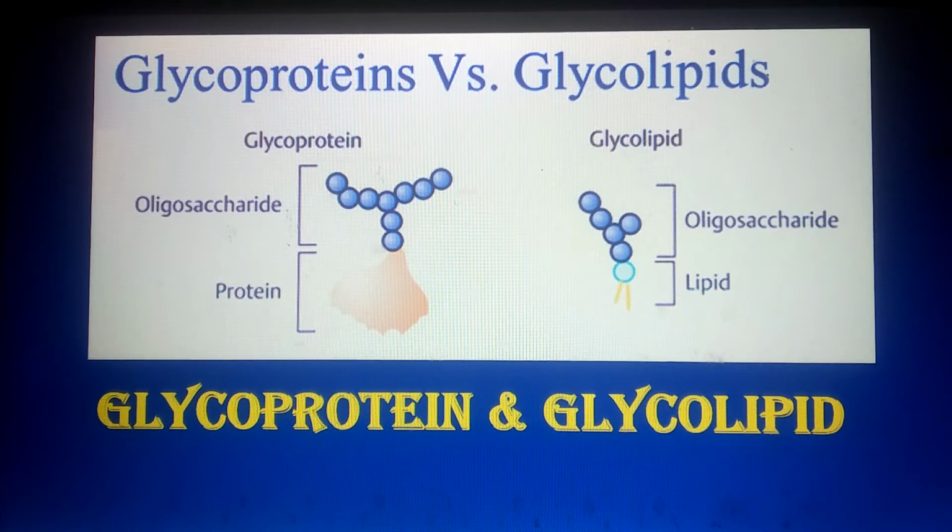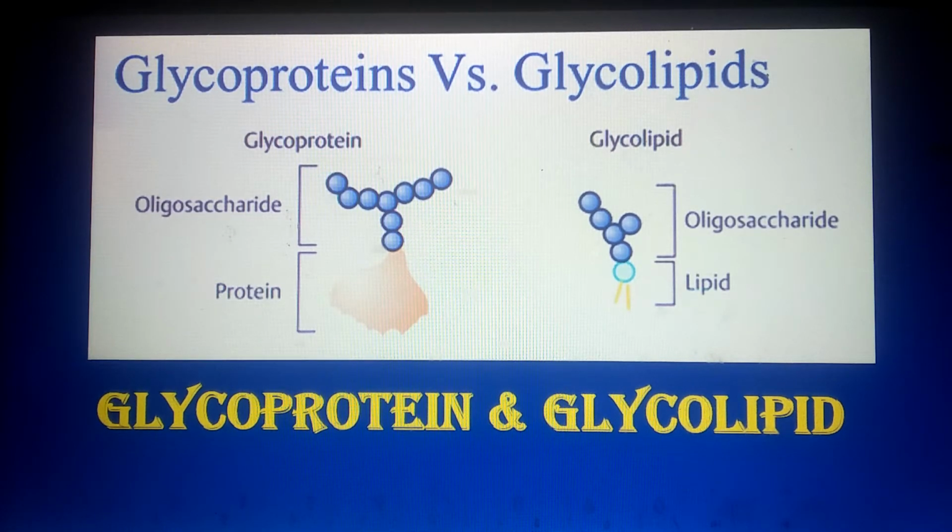Glycolipids and glycoproteins. Glycoprotein means they are made up of a carbohydrate, glucose, or other oligosaccharides. Glyco is the word from glucose, from carbohydrate, and protein. So two different molecules combine and form one molecule, which is the conjugated molecule.